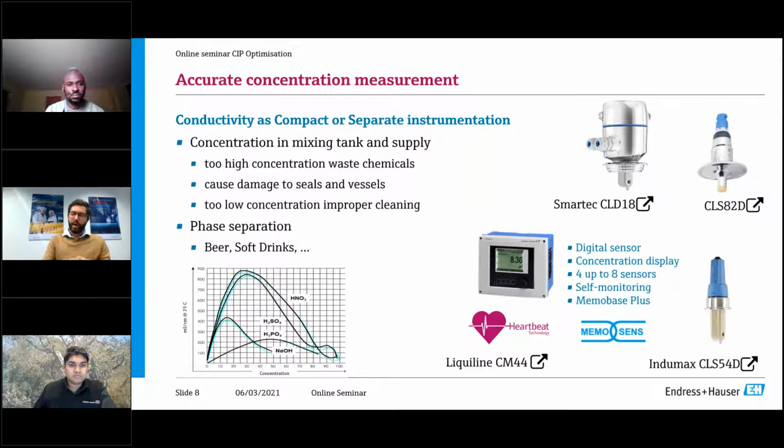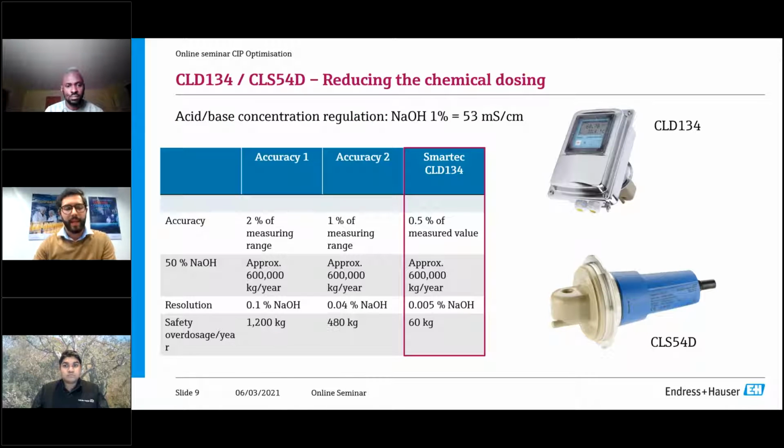But what we do often neglect is the accuracy of the sensors we use for our CIP process, especially for chemical dosing. As you can see in this slide here, these are the numbers we got from a real customer.